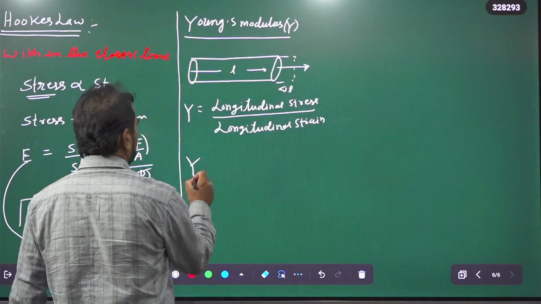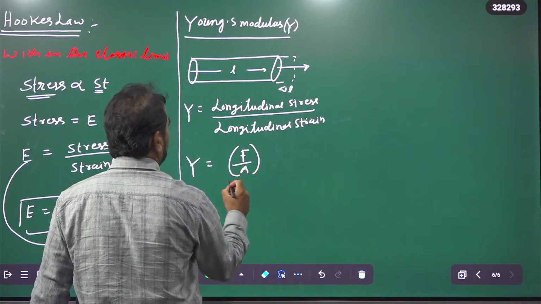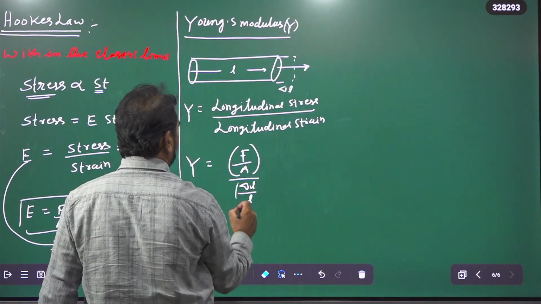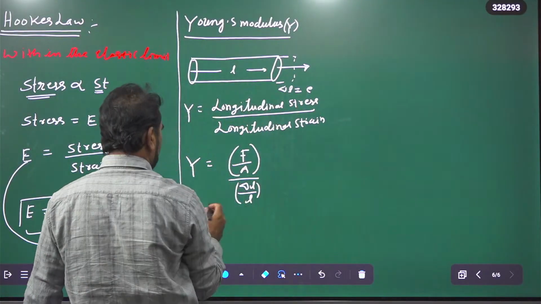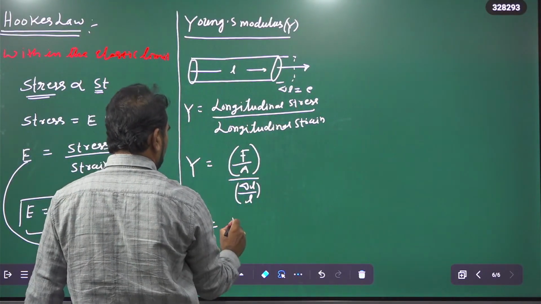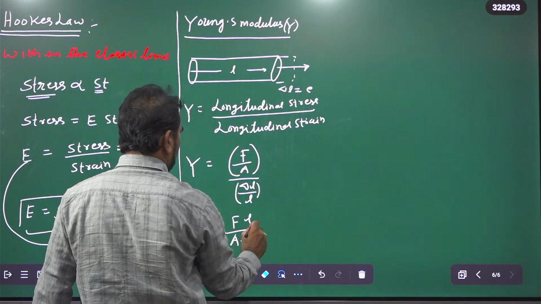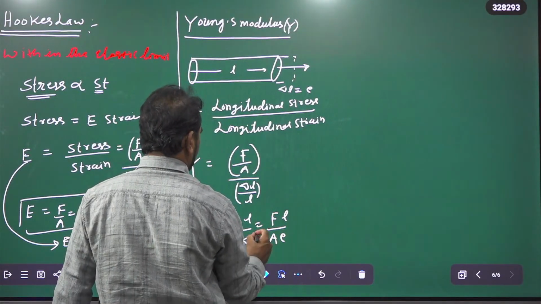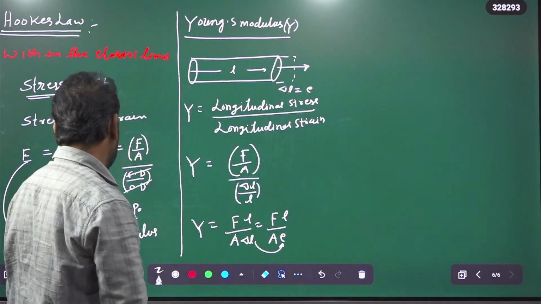See, Y is equal to F upon A upon the change in dimensions, delta L, upon the original length L. So Y is equal to FL upon A delta L. Instead of delta L, you can consider E. FL upon A into delta L.